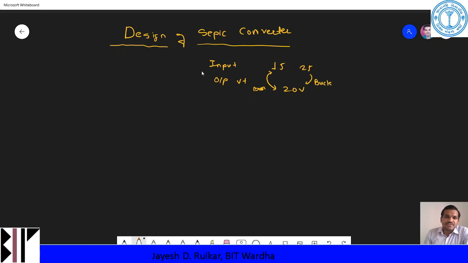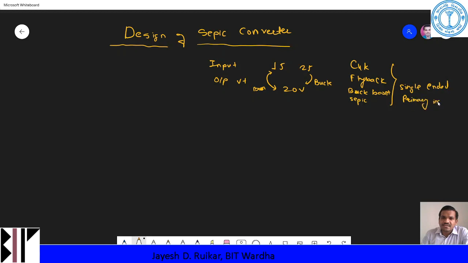So the Cuk converter, the flyback converter, the buck boost converter, and then this one, the Sepic converter, are all nothing but single ended primary inductance converters. All these are classified as such.